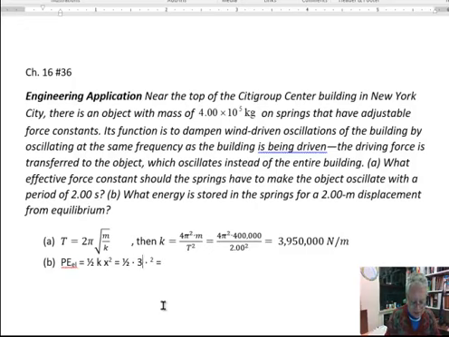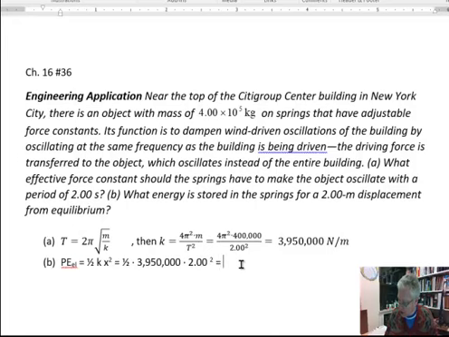When I typed in the PE elastic, it actually suggested peel, but oh well. Like I said, 1/2 times 3,950,000 right there times the 2.00 squared. So when I do that, times 2 squared, and then divide by the 2 in the front, I basically double that, multiply by 4, divide by 2.